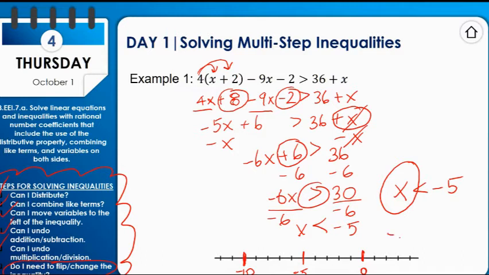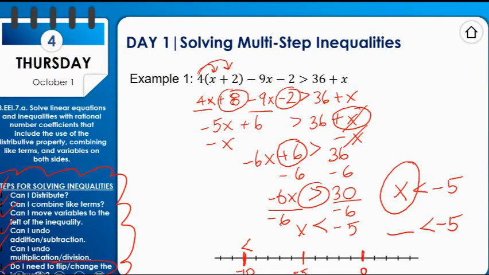So inequality, values of x: is -5 less than -5? The answer is no. Is -10 less than -5? Yes. So I know I'm coming in this direction.